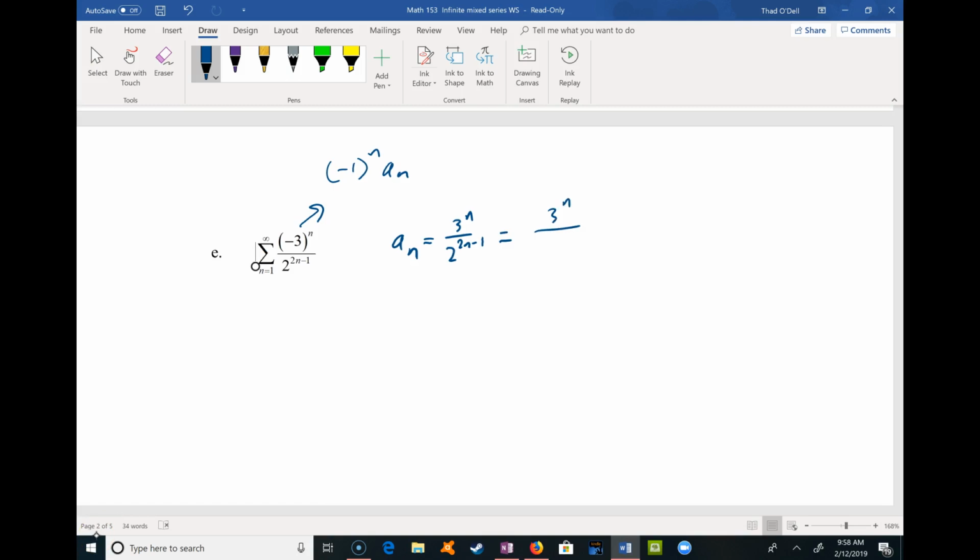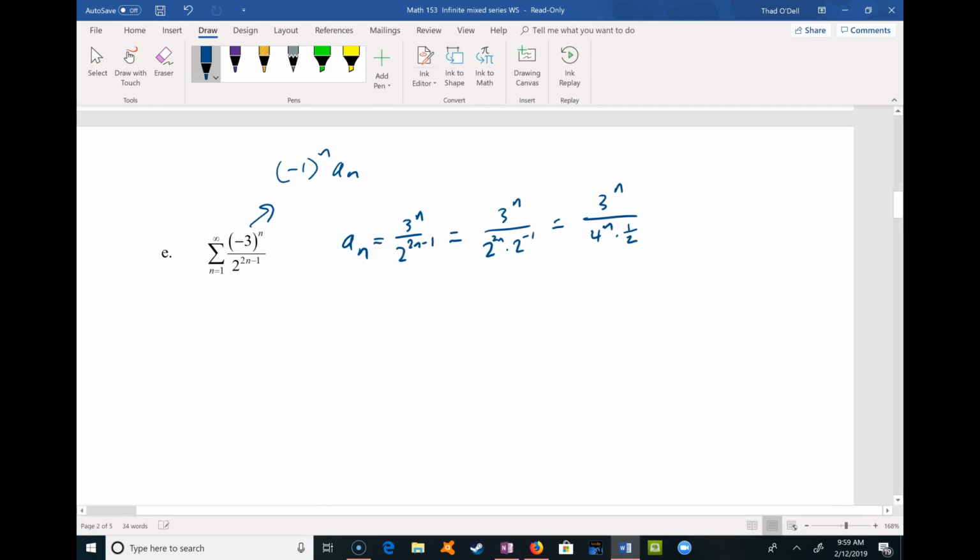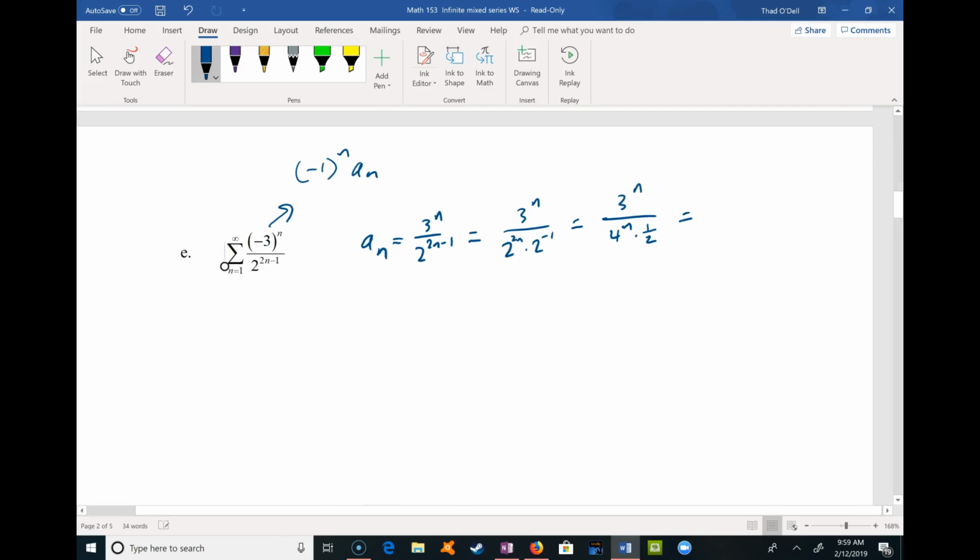I'm going to rewrite this as 2 to the 2n times 2 to the negative 1. And that would be 3 to the n over, of course, that would be 4 to the n times 1/2. And that's going to be 2 times 3/4 to the n.